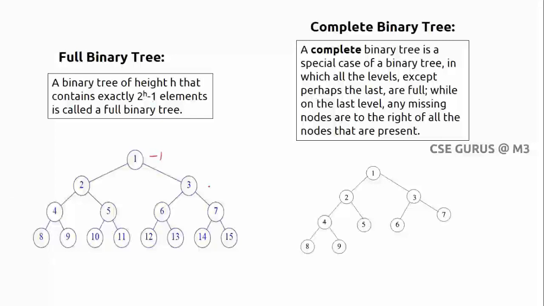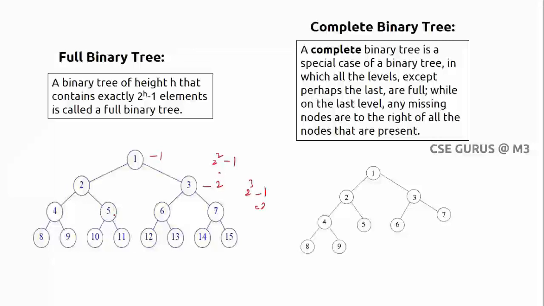And what is the second level? If h is the height, the height starts from 1. It is 2 power 2 minus 1, totally 3 elements you have, right? And if I take the third level, 2 power 3 minus 1, which is 7. So the elements have to be completely filled, then I can say it is a full binary tree. It should not be half filled somewhere.